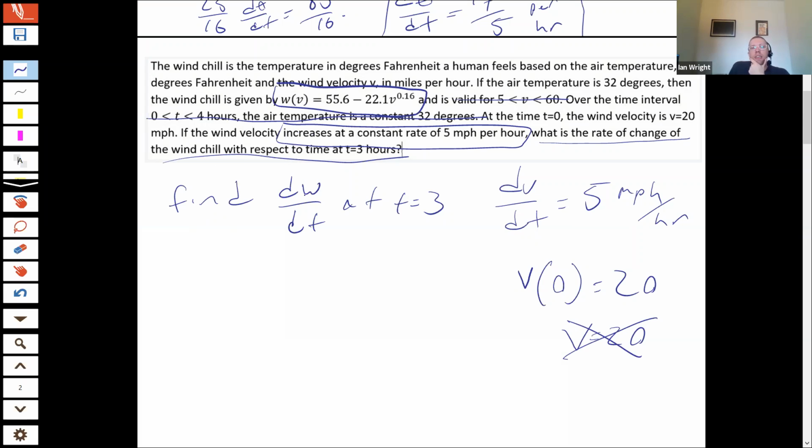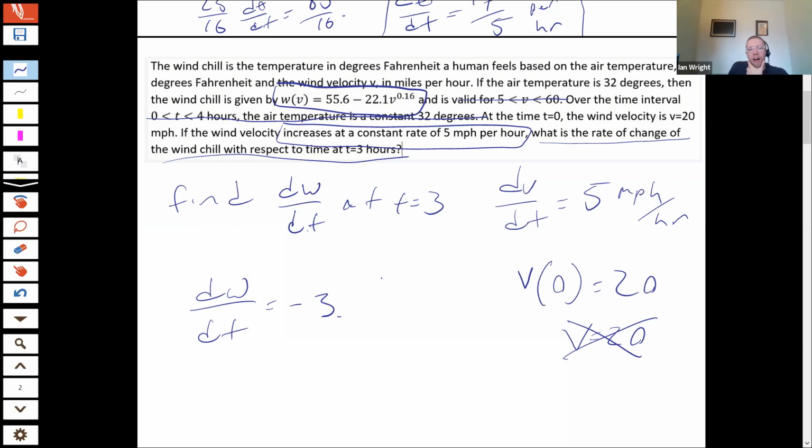Let's see, I need dw dt, and I have w is given to me, so I'm going to take the derivative. Okay, and this one's just a power rule, right? So my constant goes away, and I'm going to do times 0.16 times this coefficient here. And I did that math ahead of time.